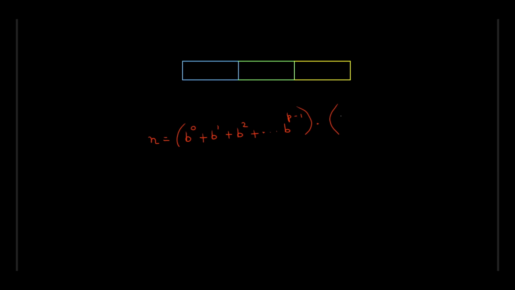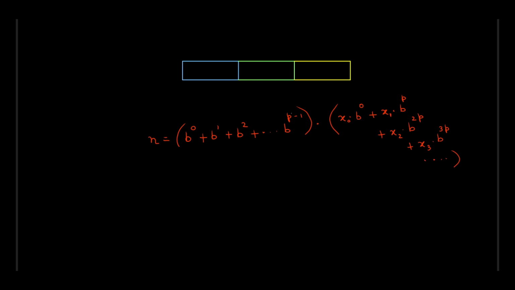So it will be b to the power 0 plus x1 into b to the power p plus x2 into b to the power 2p plus x3 into b to the power 3p, and so on.